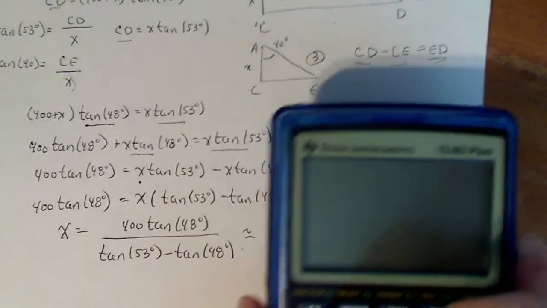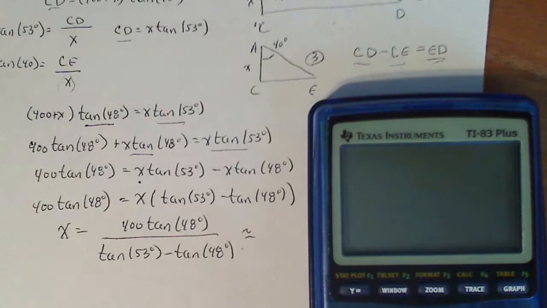All right, where's my little trusty machine? And again, we're in degrees, so make sure you're in degree mode. So this is going to be 400. Well, let's put parentheses around everything just in case. 400 times tangent of 48 degrees, parenthesis, divided by parenthesis, tangent of 53 degrees minus tangent of 48 degrees.